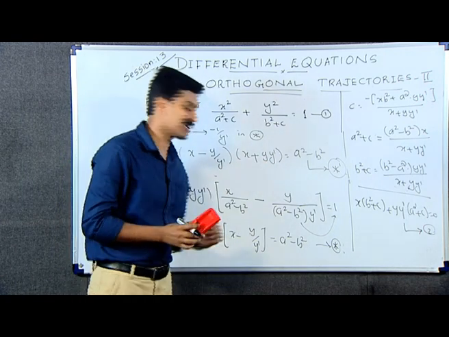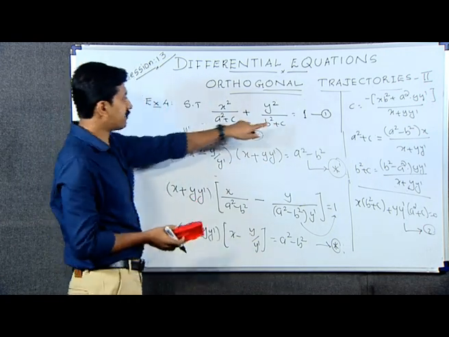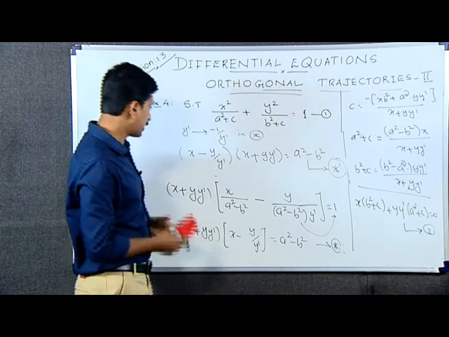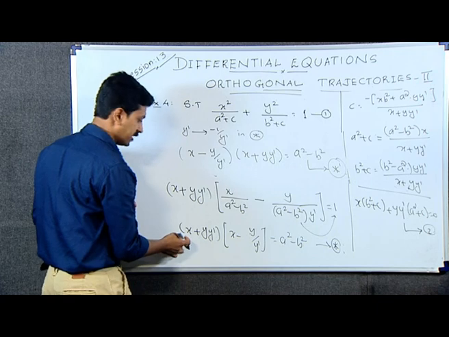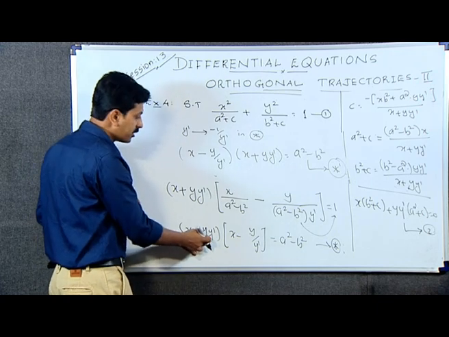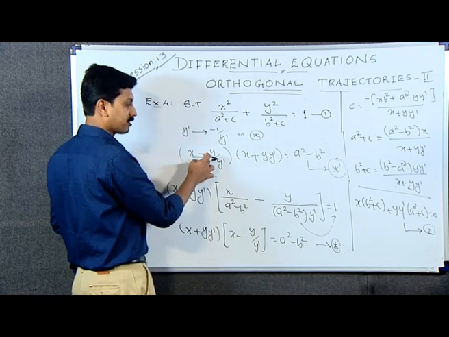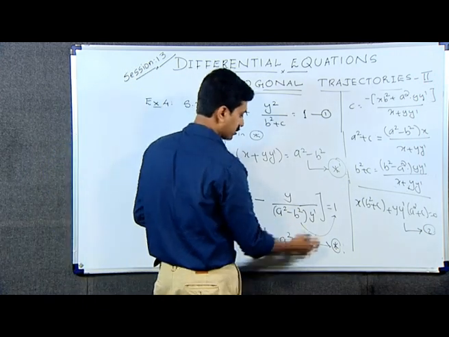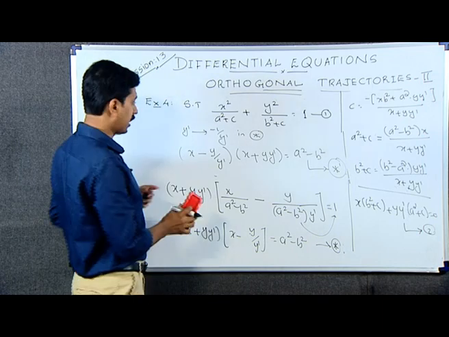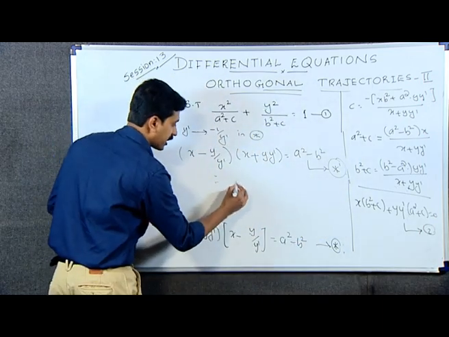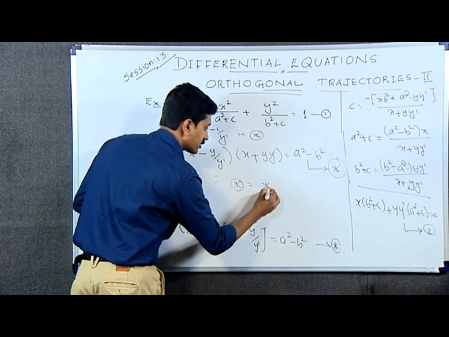Compare star and star dash. See, star we derived from 1 is the collection of all ellipses, and here x plus y dash is there in the left side, that is also here, and x minus y divided by y dash is there, that is also here, and as well as in the right side a square minus b square is there. So, actually the fact is that star is equal to star dash.